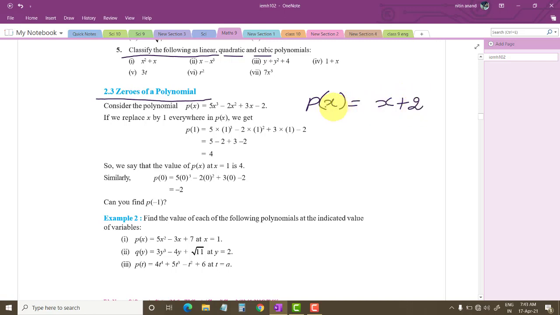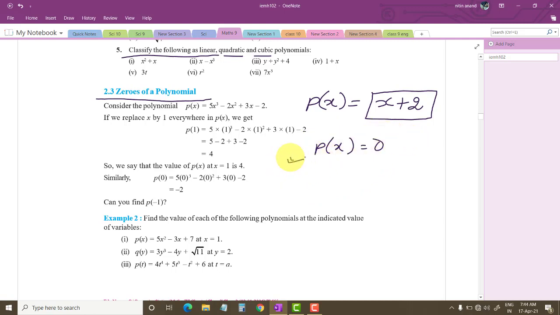If we have to find the zeros of the polynomial, then the concept says: for what value of x is the value of our polynomial 0?